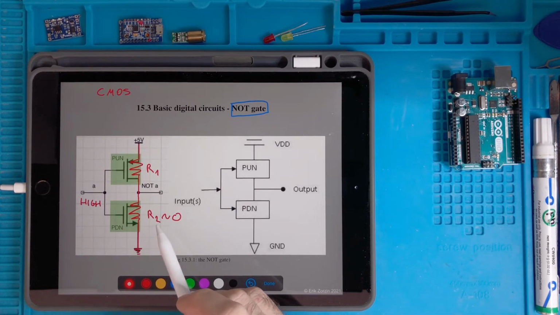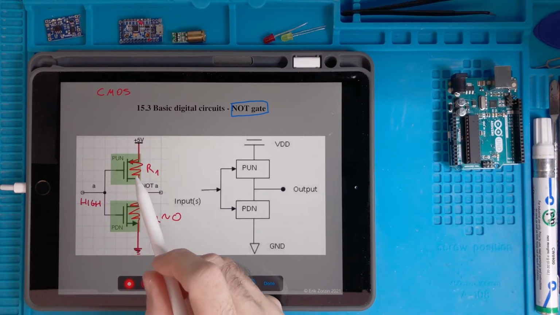So if this resistor is almost 0, let's see what's the value of this one.